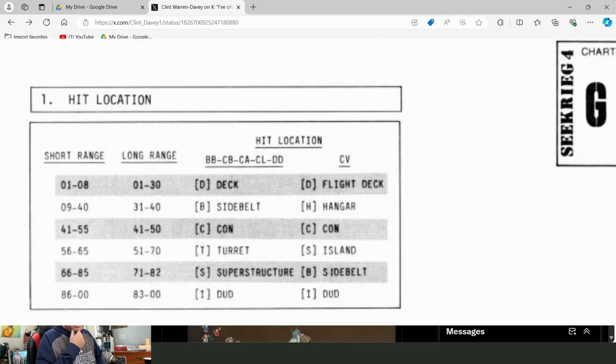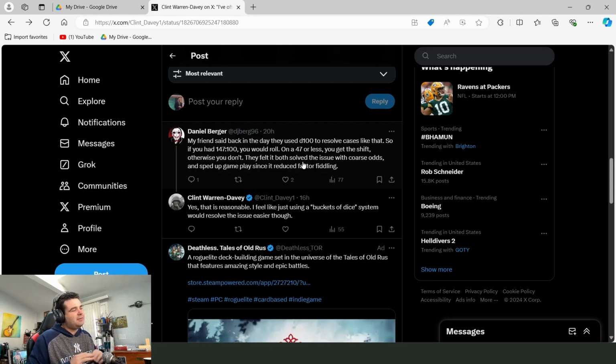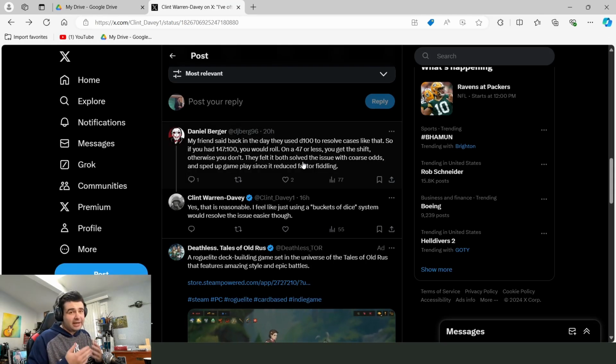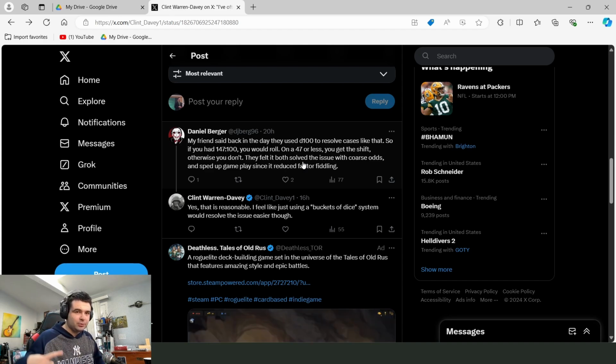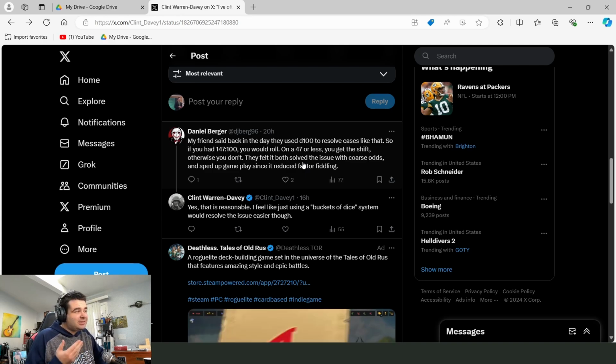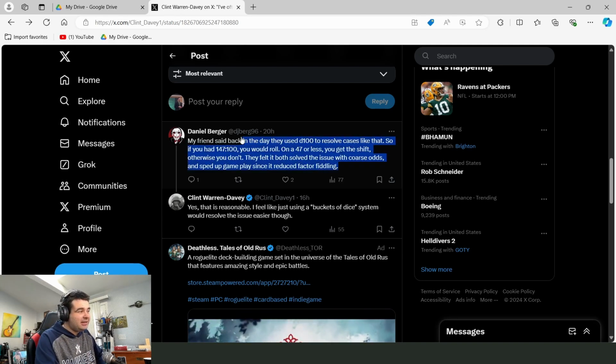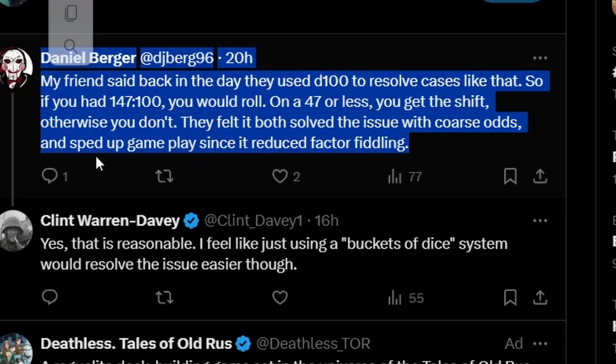Sea Krieg 4 has a D100 system for combat results, and the advantage to using a bigger die is you can have more possible results. But I would still consider this to be a CRT, because you are still having results based on a die roll that you look up in a table.